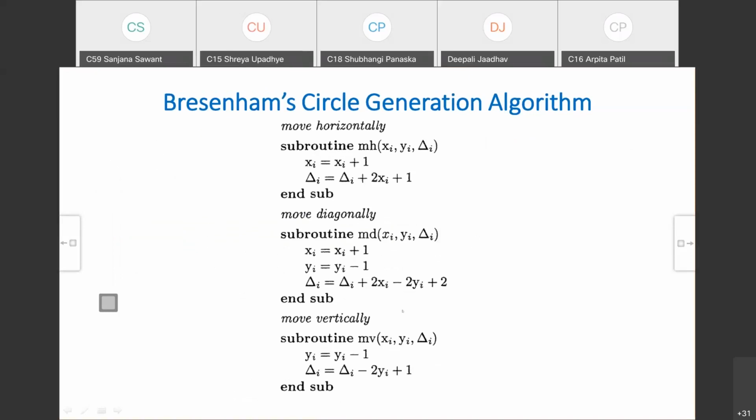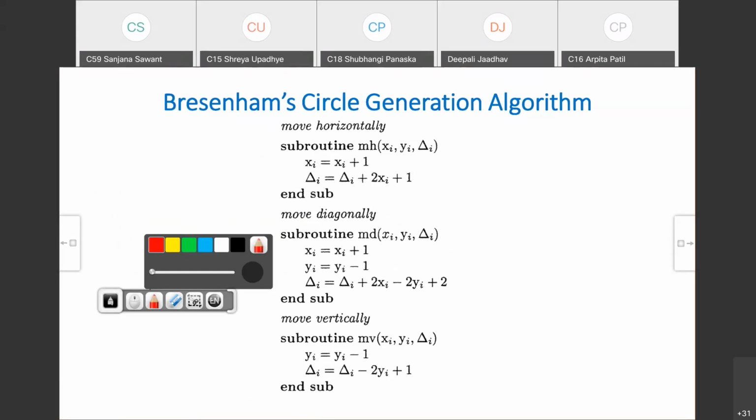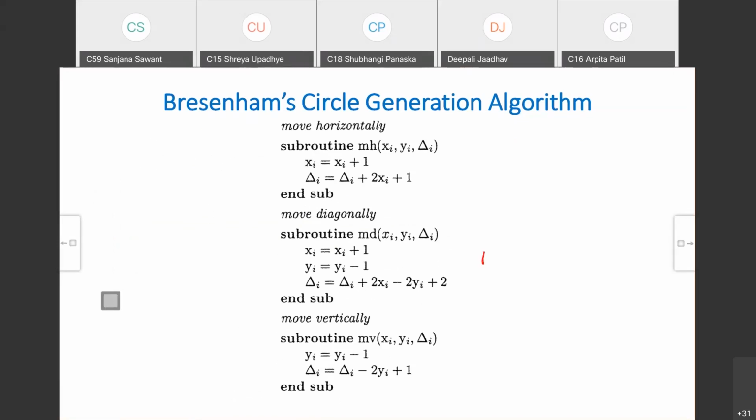The first subroutine is MH. MH means what? Again I draw here. This is our xi, yi original point. This is MH. This pixel is at MD and this pixel is at MV. So when we call the subroutine MH, it means we are going to move horizontally.